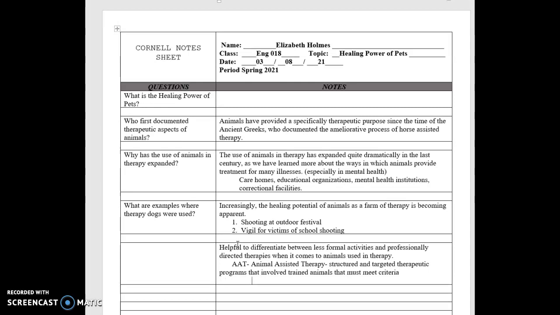Then its goal is to improve cognitive, social, emotional, and physical functions. And then I keep going, right? So that was AAT.